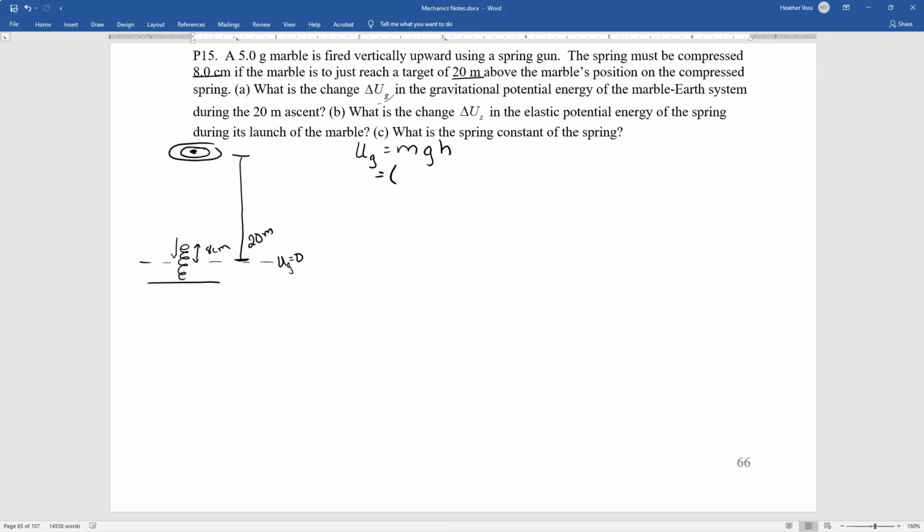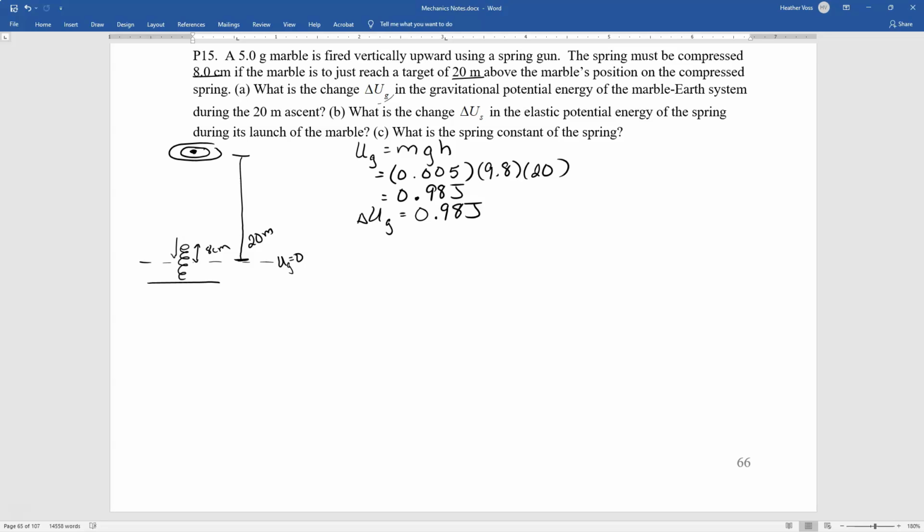The marble is 5 grams, so that's going to be 0.005 kilograms. g is 9.8, and our height is 20 meters. So that's all going to work out and give us 0.98 joules. Change is final minus initial. So final minus 0, that's going to give us 0.98 joules for our change in gravitational potential energy.